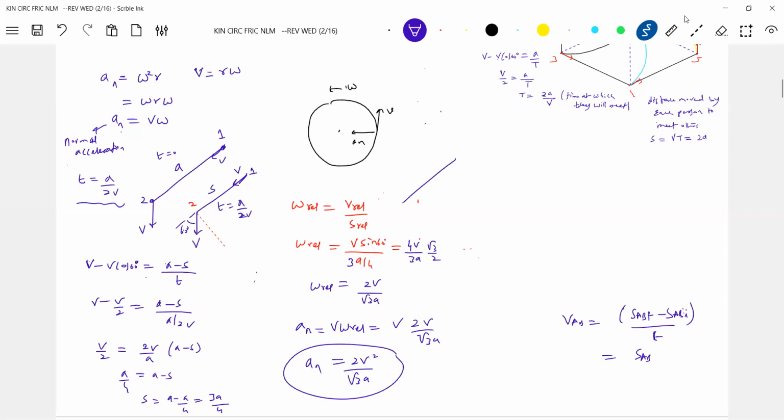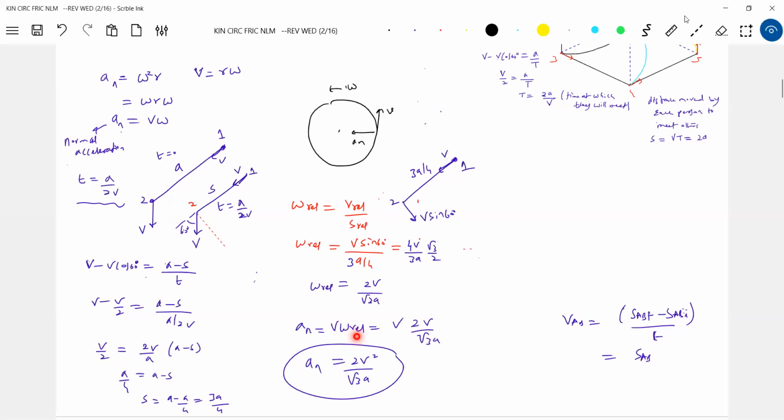But how can we write an equal to v omega relative? V sine 60. Okay, this is 3a by 4. This is 1 and 2 at that particular instant. It is asking normal acceleration, no? You mean to say v omega relative? Yes, sir.